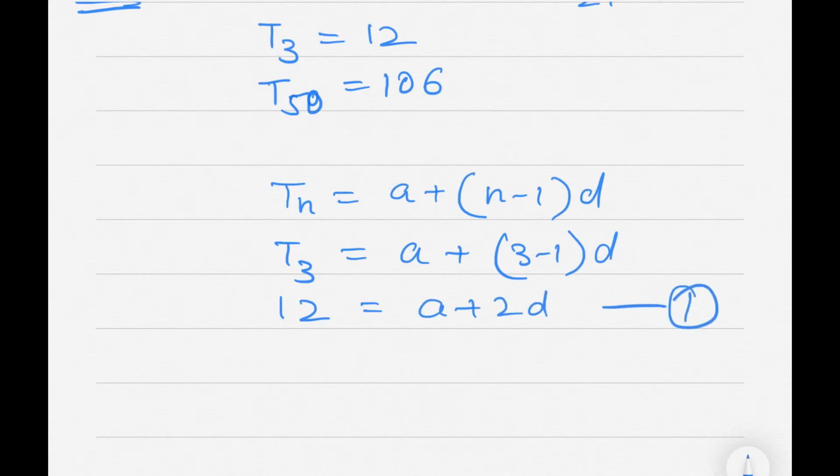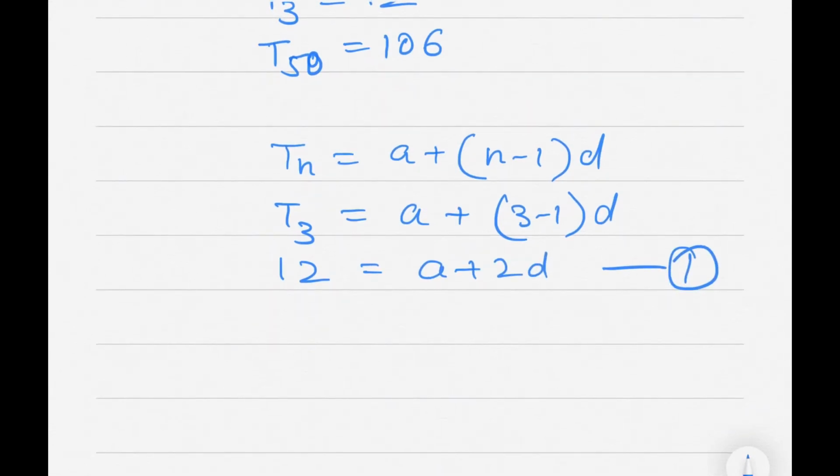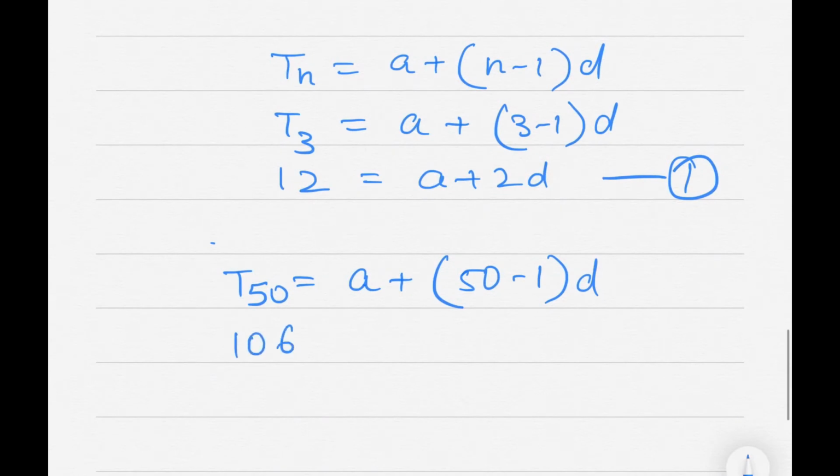So this is my first equation. Let's move to the second one. The second one says that T50 is 106. So T50 is equal to a plus (50 minus 1) into d. So T50 is given to me as 106 is equal to a plus 49d.